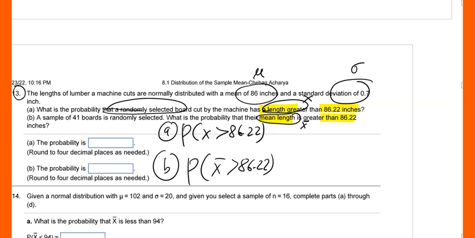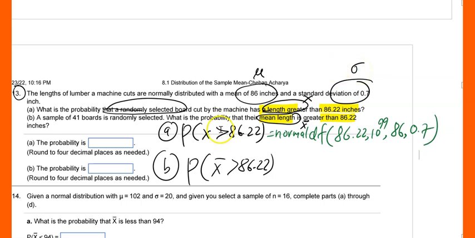Therefore, in these two questions, the difference is X greater than 86.22, X bar greater than 86.22. Here pretty much it is similar, it is normal CDF, and since you have greater, you do this as a lower bound, right? 86.22 comma upper bound 10 to the power 99, since we don't have any, because greater than, the mean is going to be obviously 86, but the standard deviation here we're going to use as the population 0.7 because of X.